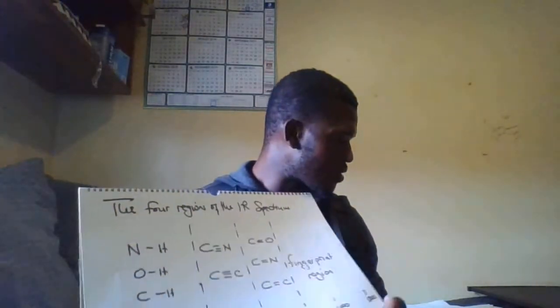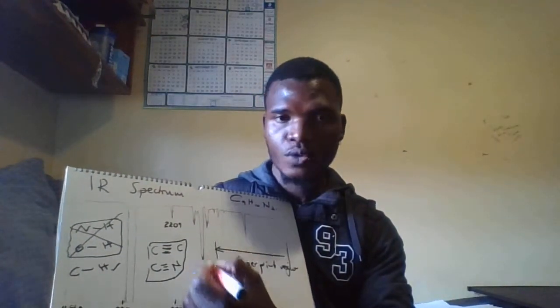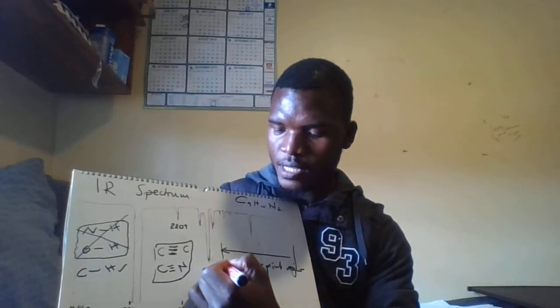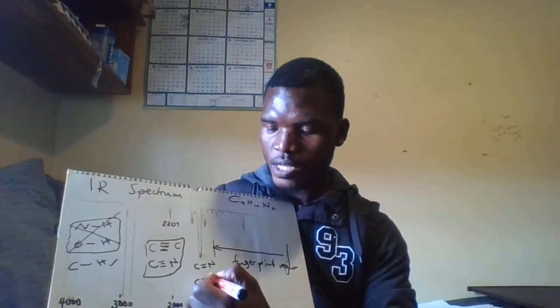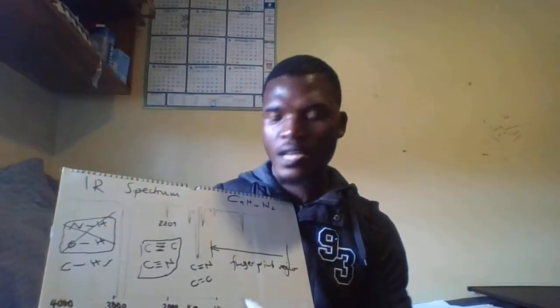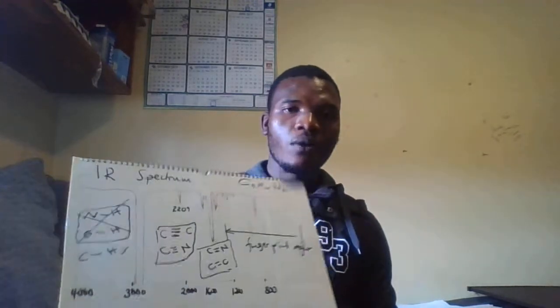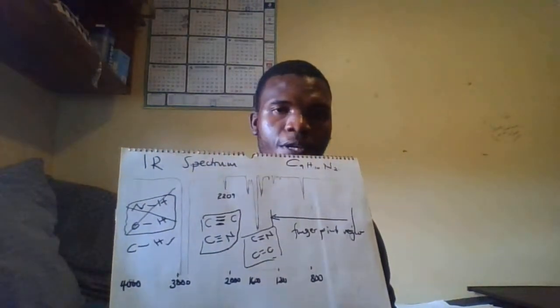So we are here to figure out which is which. So this is the key interpretation that we can give. So for this one, I will say it can be the C to nitrogen double bond, or C to C double bond, like this.